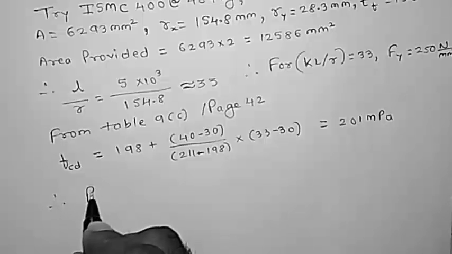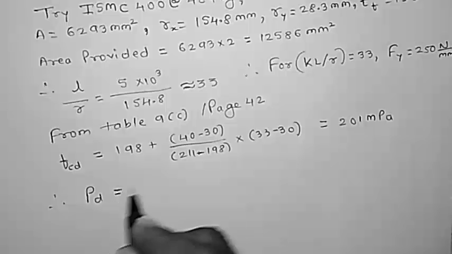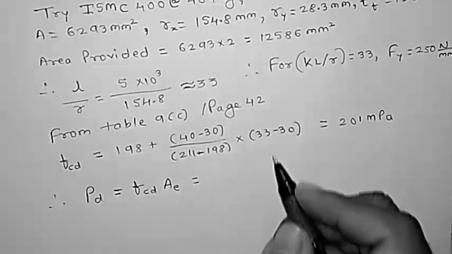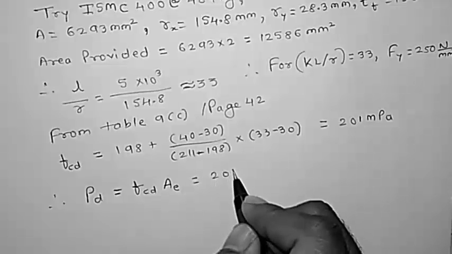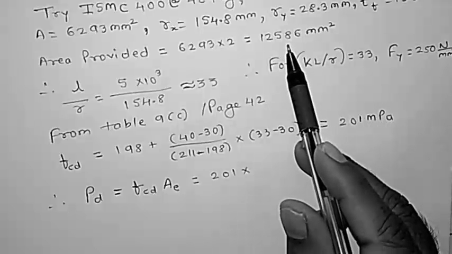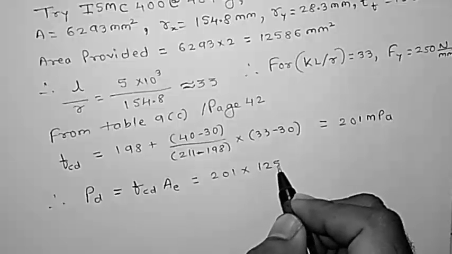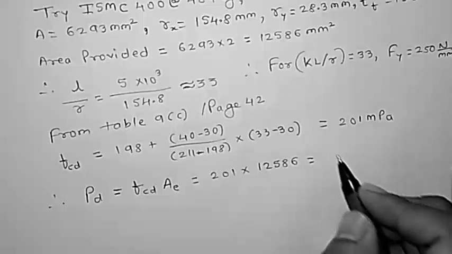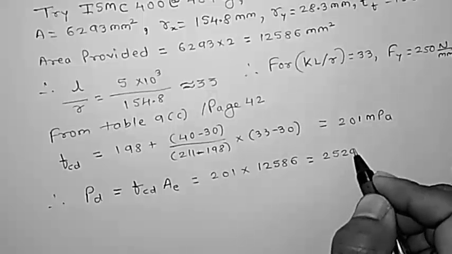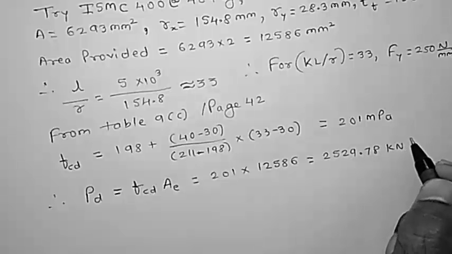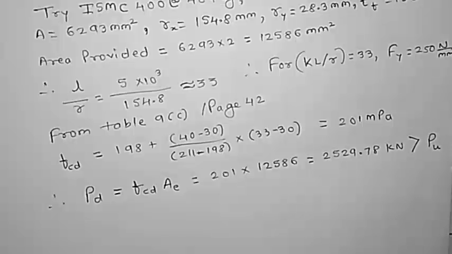So therefore PD, this is design compressive strength, which is equal to FCD times Ae. FCD is 201, while Ae, which we got as area provided, is 12586. And this is equal to 2529.78 kilonewton, and this is greater than PU, whatever factored load, that is 1600 kilonewton.